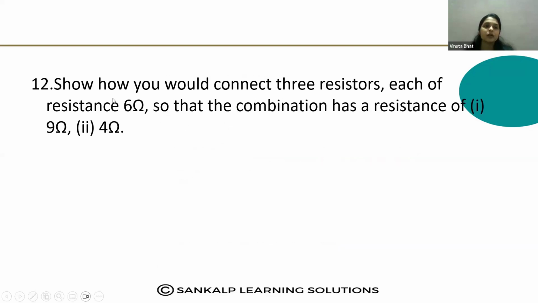Next question. Show how you would connect three resistors, each of the resistance 6 ohm, so that the combination has the resistance of 9 ohm and 4 ohm. Okay. Here, three resistors, that is R1, R2, R3.